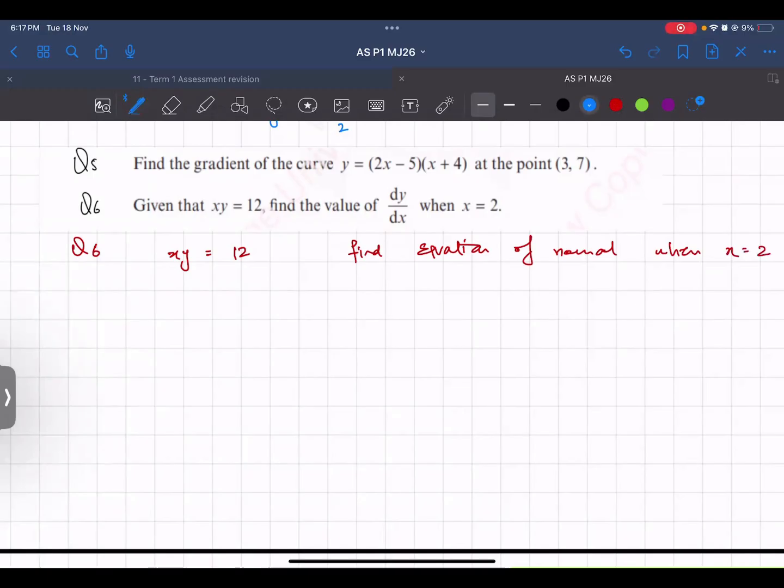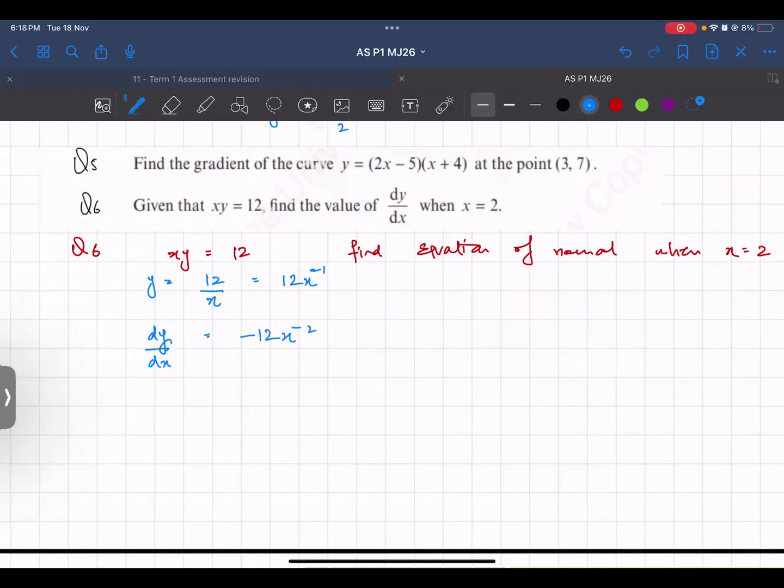So first of all, if you make y the subject, this becomes 12 upon x, and you find dy by dx. So this would become 12x to the power minus 1. So minus 1 comes down and multiplies, so that would become minus 12x to the power minus 2.